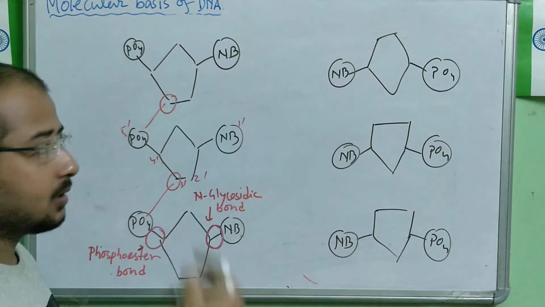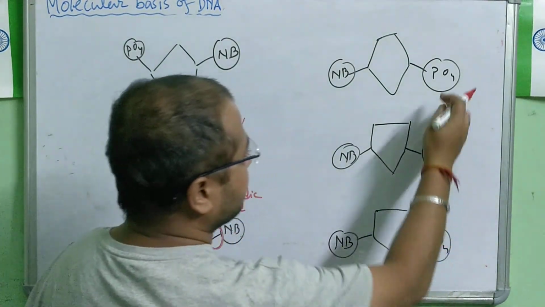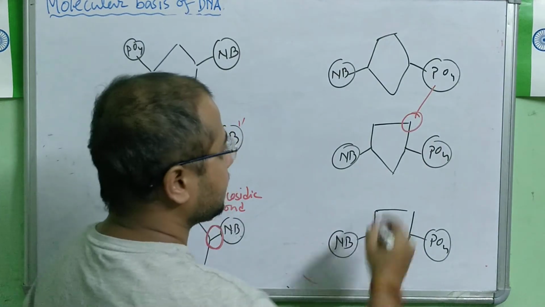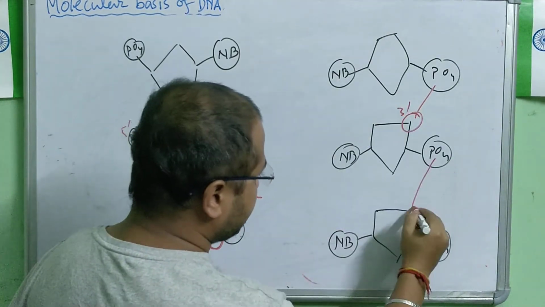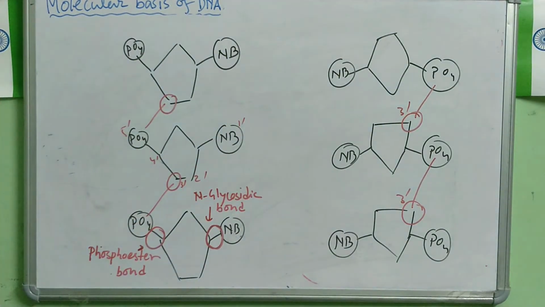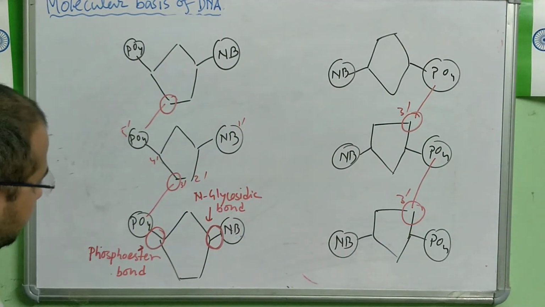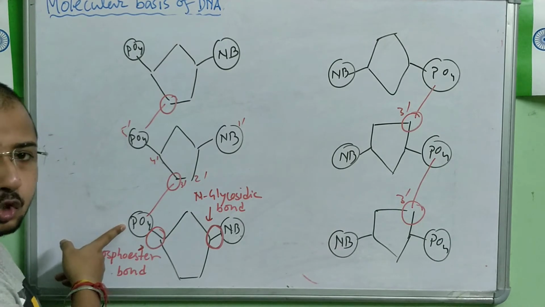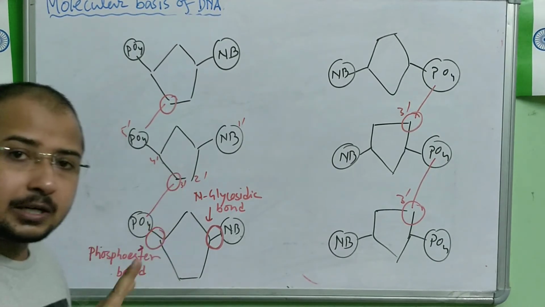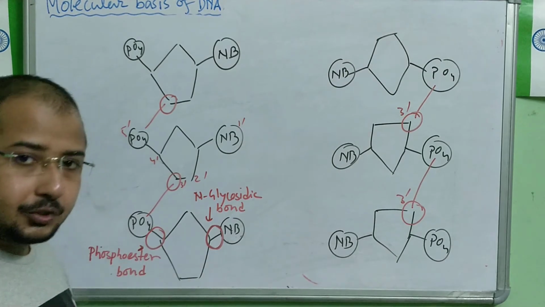The next one, same will be here. This phosphate group is going to bind with this sugar at the 3 prime position. Same here, it binds at the 3 prime position of the sugar. Now see, one single phosphate group binds with 2 sugars of 2 consecutive nucleotide molecules.